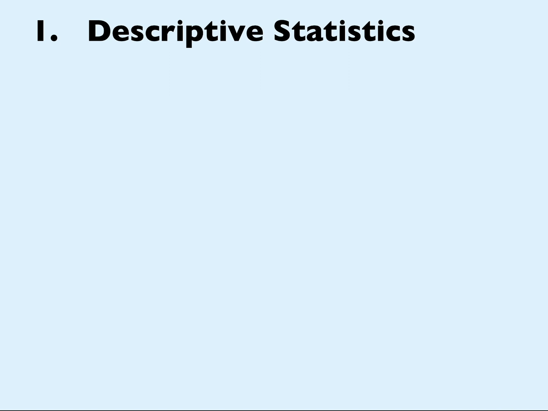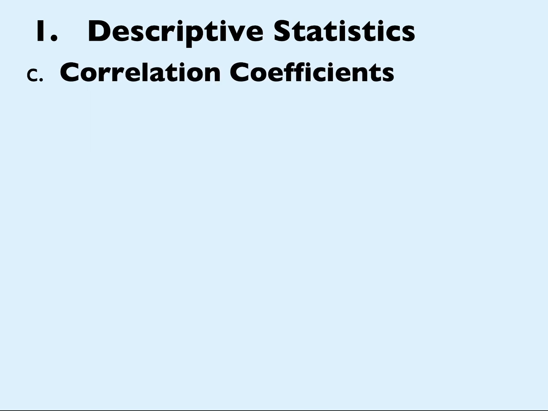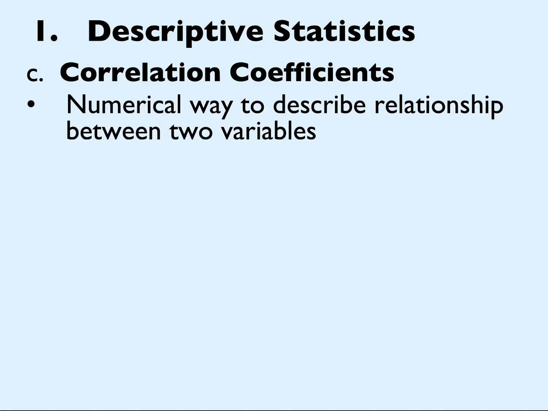Now, another important descriptive statistic we saw when we talked about correlation research methods is a correlation coefficient. Super, super common in psychology. Correlation coefficients are basically a way to describe a relationship between two variables. Say, how many hours a week you study and your GPA. That's the common one I always use because it makes a lot of intuitive sense.